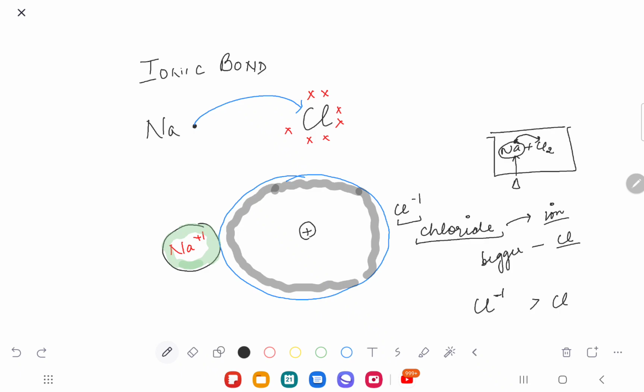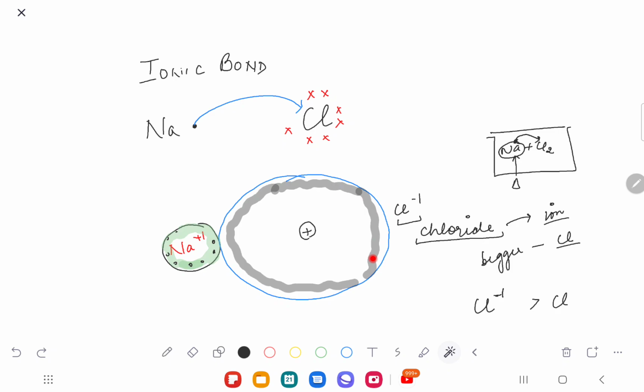But this sodium atom, because it is smaller in size, is not just attracting its own electrons, because it acquires a positive charge and chlorine acquires a negative charge. Its force of attraction is also reaching the chloride ion's electrons, these electrons here.